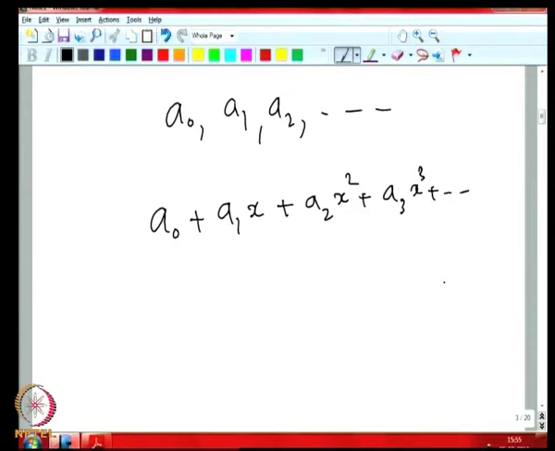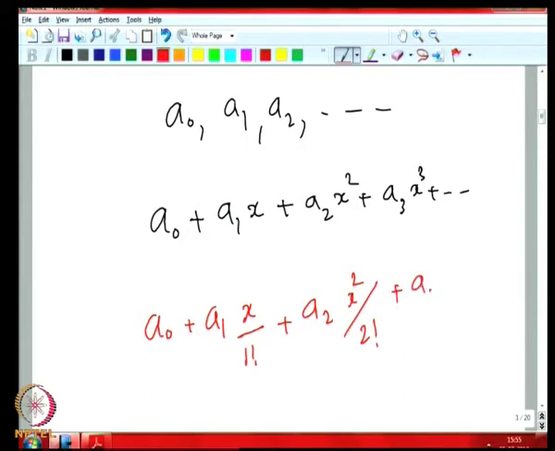Here the difference is that the exponential generating function is A0 plus A1 into x by 1 factorial plus A2 into x square by 2 factorial plus A3 into x cube by 3 factorial and so on. So, a n will be the coefficient of x raised to n by n factorial here. That is the difference.